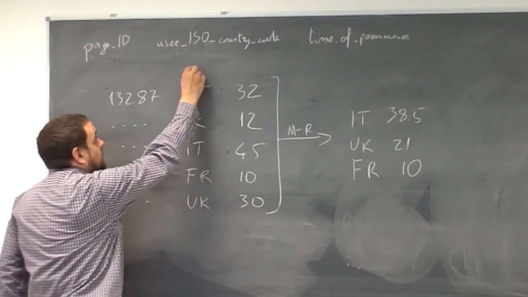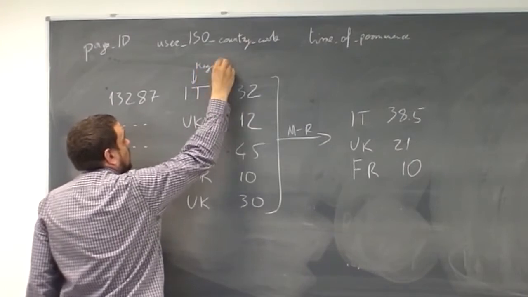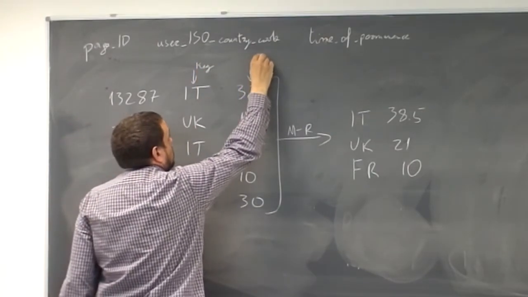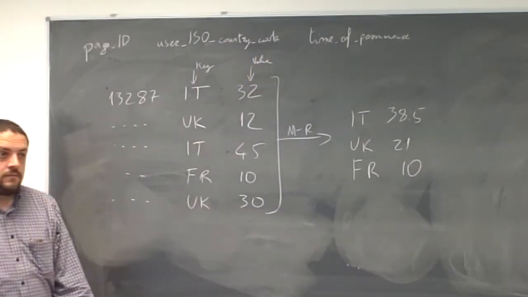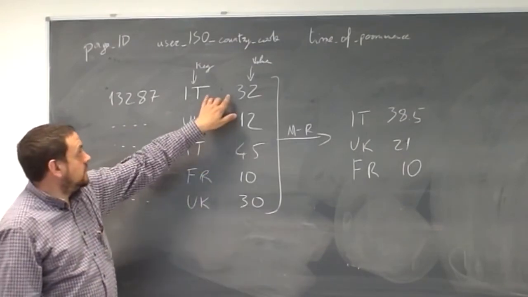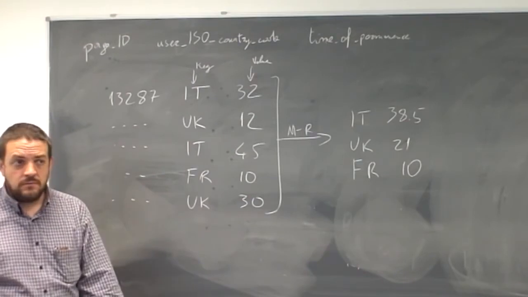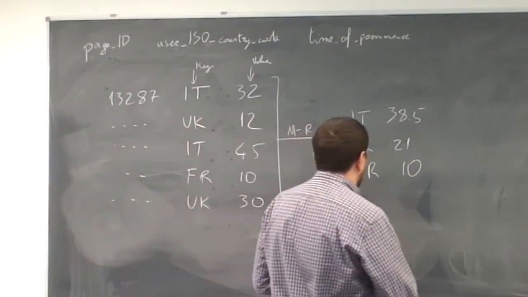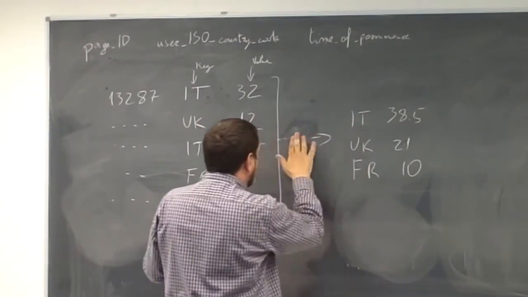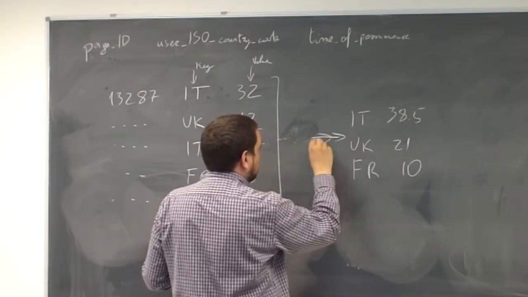And simply we use the country code as a key and the time as a value. Once the mappers have produced these key value pairs, the reducer, let's write it in here, this is the final result, of course.